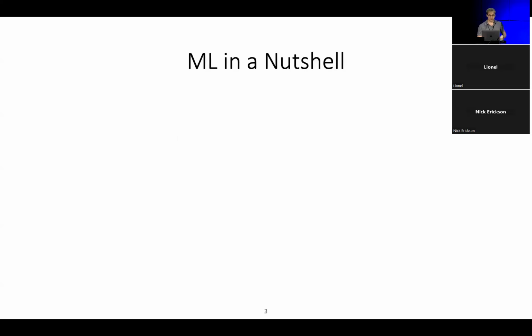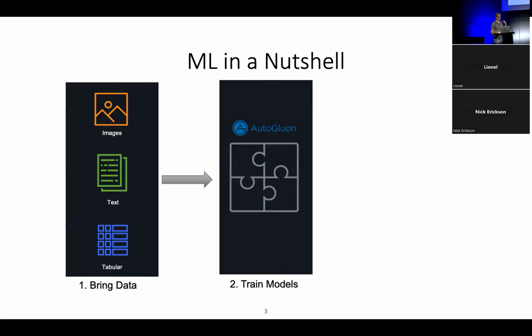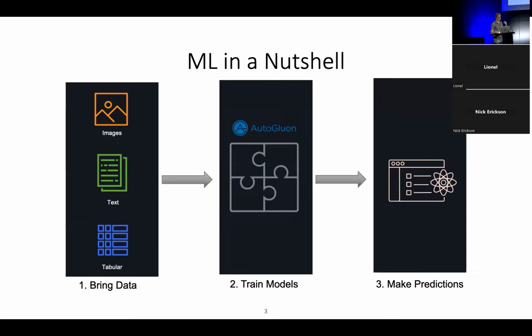All right. So ML in a nutshell. I like to think of machine learning in very simple terms because generally when customers use machine learning and automated machine learning, they don't really have a very in-depth understanding of all the different techniques. So really, you bring your data, tabular, text, images, whatever, time series, you throw it into something, and then you get predictions out of that thing on new data, basically.